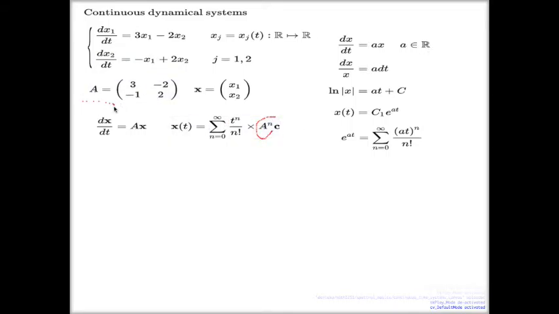A is a matrix in this context, on the left-hand side, times some C. C is the R2 vector, a constant vector, independent of t. So all t dependence is here.